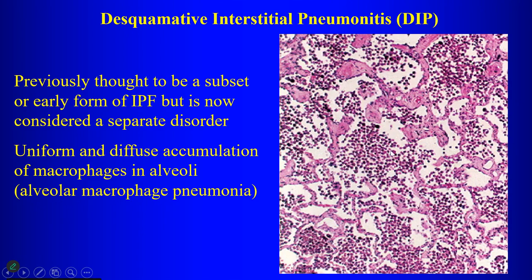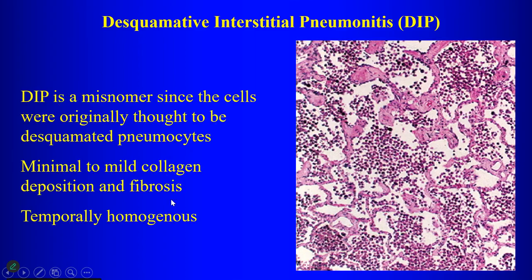So in DIP, the ground glass opacities are because of all these cells. This occurs in smokers, and what happens is that these cells become recruited and fill the alveolar air spaces. These cells turn out to be alveolar macrophages. So alveolar macrophage pneumonia is the more accurate terminology for what we're actually dealing with here, as opposed to DIP. And so DIP is a misnomer.